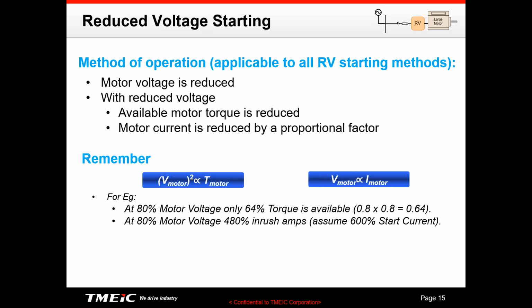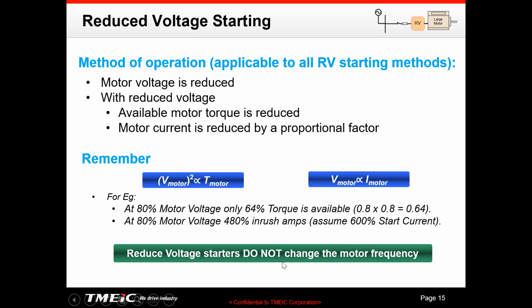As an example, at 80% motor voltage, you only get 64% torque, like 0.8 times 0.8 is 0.64. And at 80% motor voltage, you get 480% inrush if you have a 600% inrush at 100% voltage.